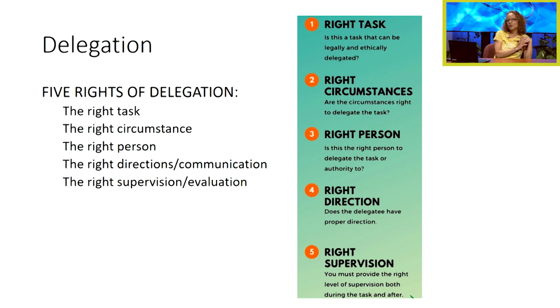Maybe in certain circumstances, you would not delegate a certified nurse aide to check a blood pressure, okay? The right person, and this is the right person to delegate the task to. The right directions or communication.